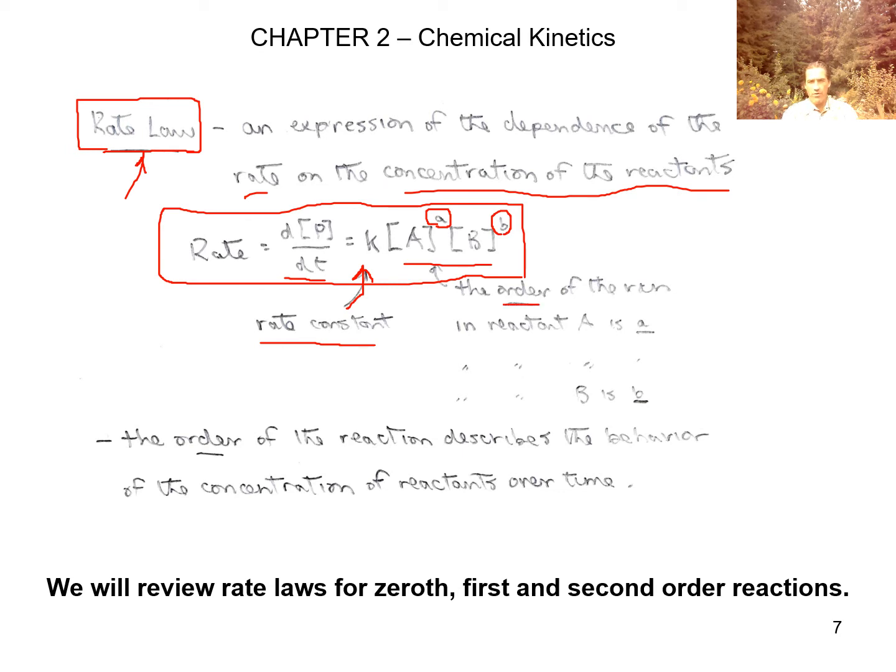This is a very important aspect that we'll cover in this video, the order of reaction. The order tells us the behavior of the reaction and how the reactants will disappear over time.